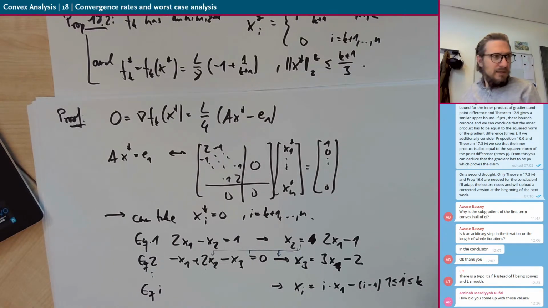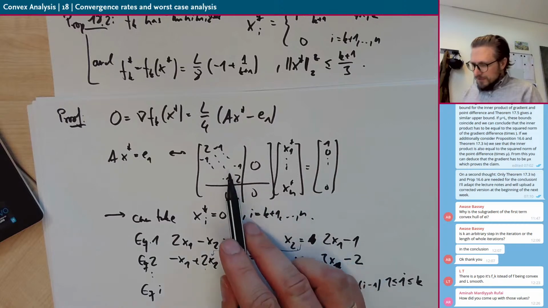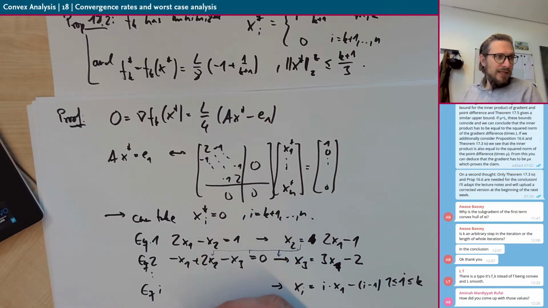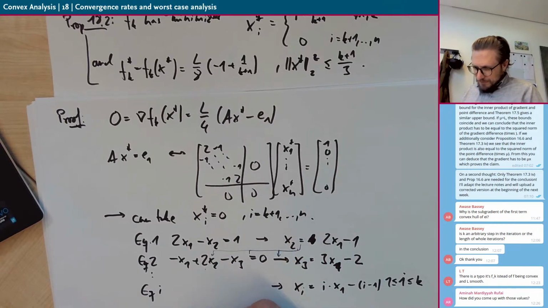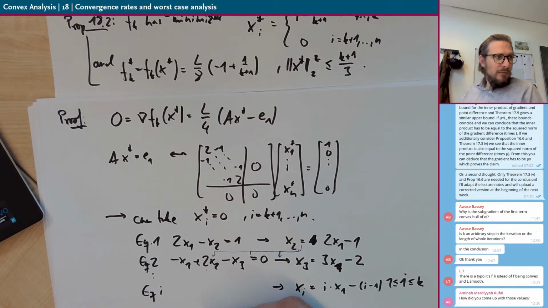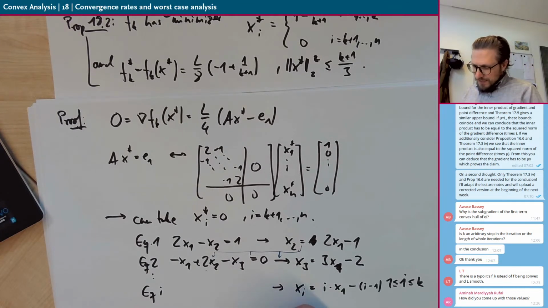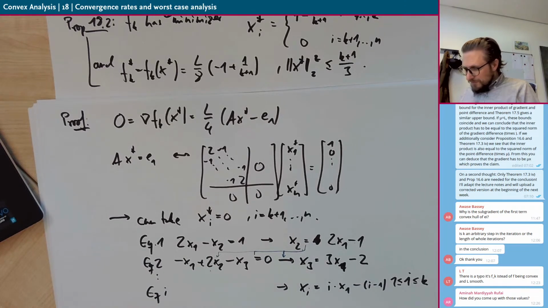And finally, in the last row which is non-zero, we get minus x(k minus 1) plus 2xk equals 0. If we have a formula for these two things, we plug in the case for k and for k minus 1.